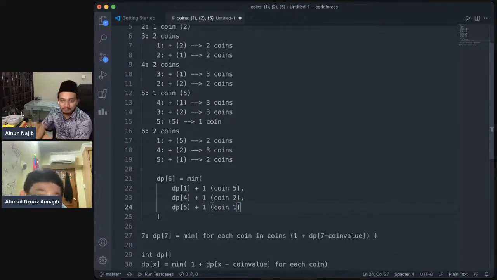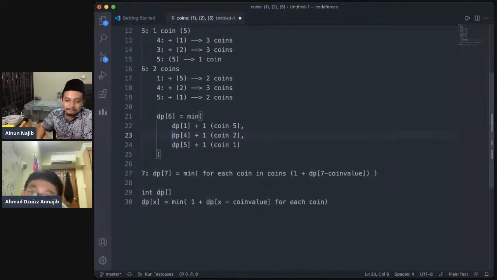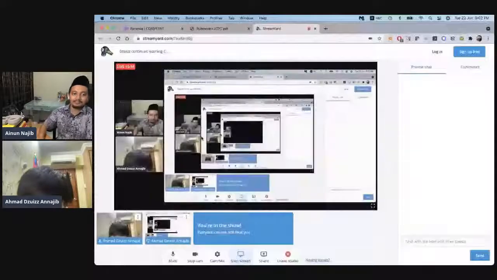That's why you need the plus 1, because you're actually adding a coin. It's only a question of which coin you use. Now I move to your screen.